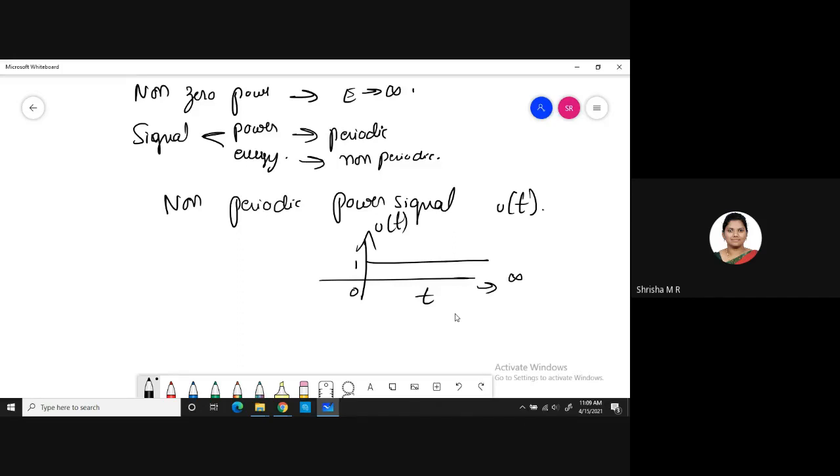It doesn't converge to a finite value, so the energy of this signal is infinite. Energy is infinite and power is finite. Fine. Did you follow?